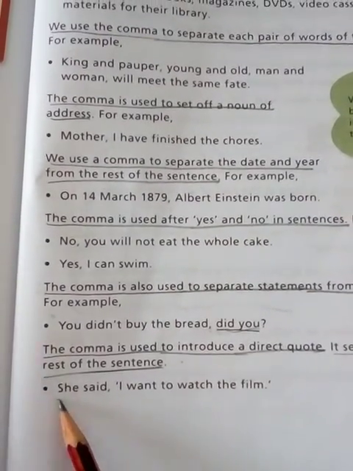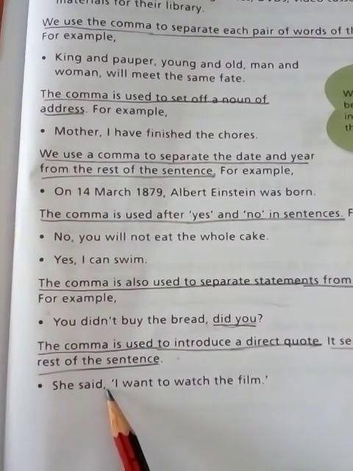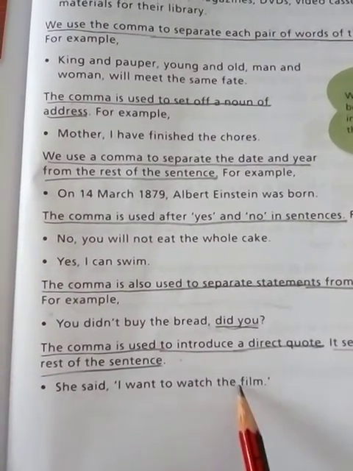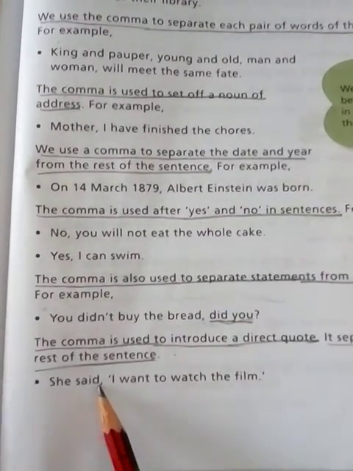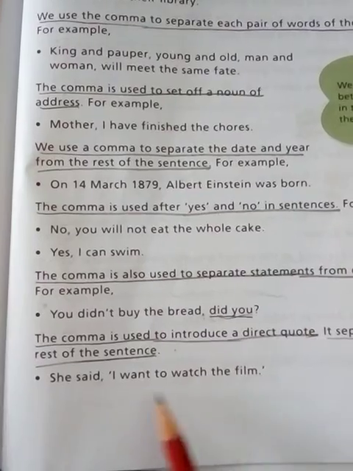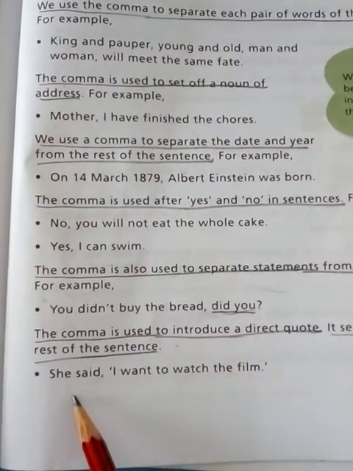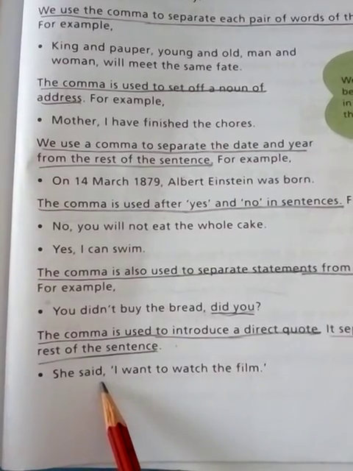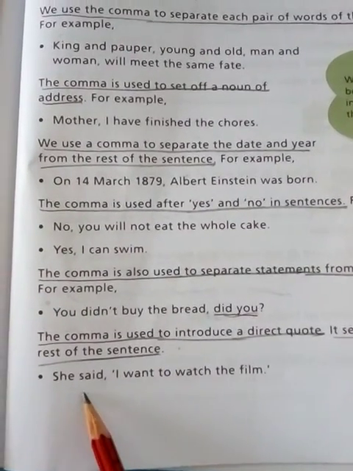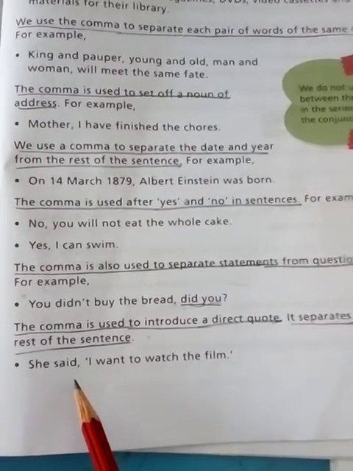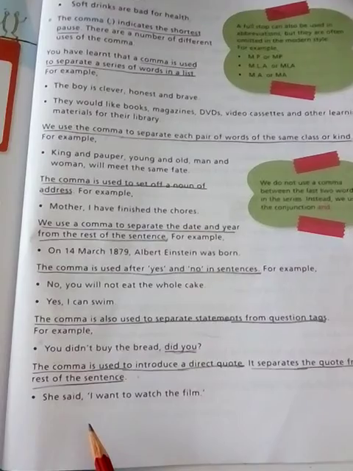Here, she said, comma is used to separate the words. This is a direct sentence. In this, she said is a reporting verb. I want to watch the film is a reported speech. To separate the reporting verb and the reported speech, comma is used here. So while writing a direct sentence, we use comma to separate the reporting verb and the reported speech.